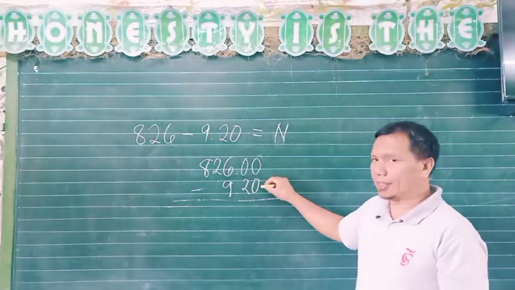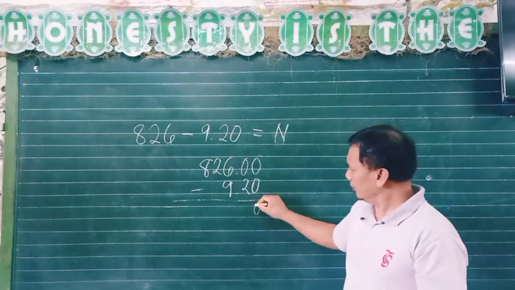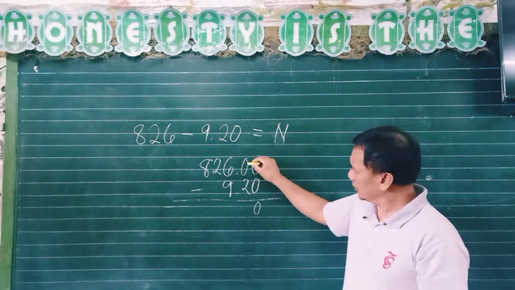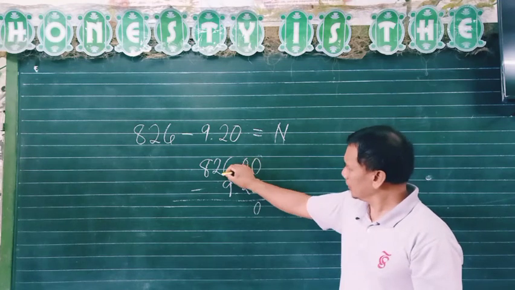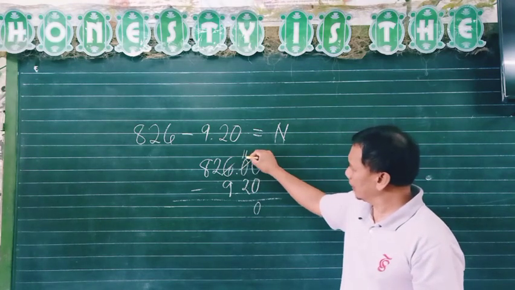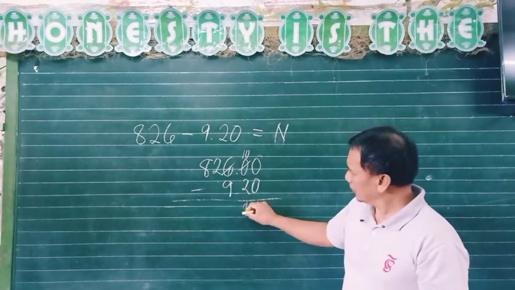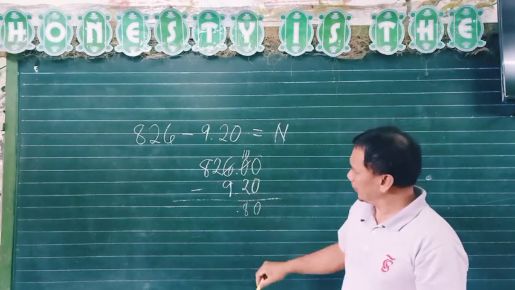So 0 minus 0 equals 0. 0 minus 2, it cannot be, so you borrow 1 from 6. So this 0 becomes 10. So 10 minus 2 equals 8. So you align the decimal point.